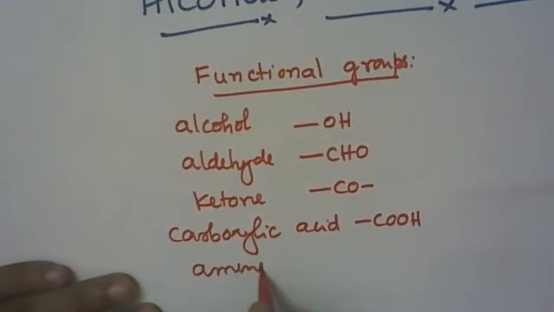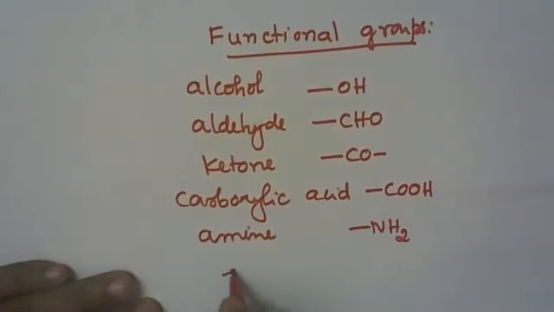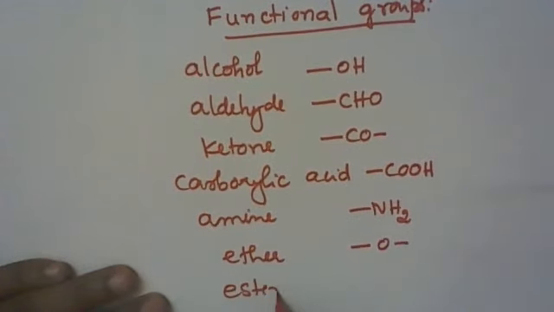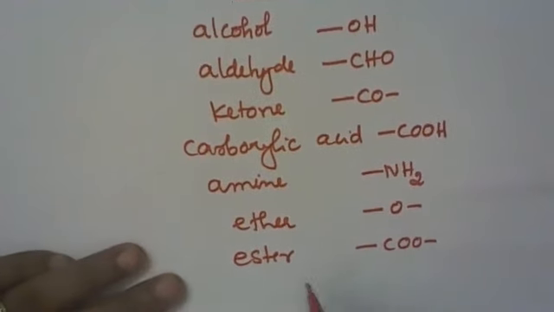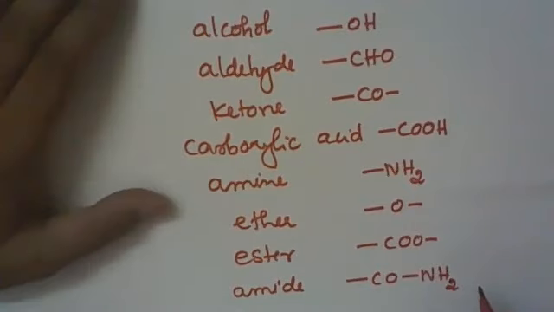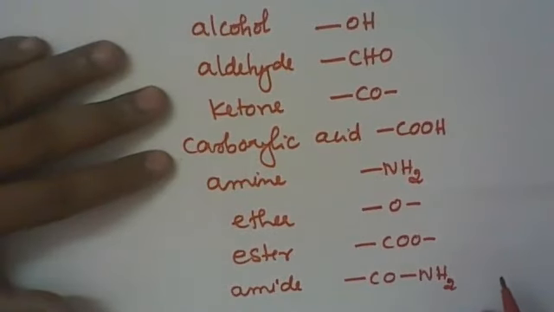Amine is NH2. Ether, O, right? We have esters, COO. Then we have got amide. Amide is CONH2. These are the few functional groups we have studied in the first year.